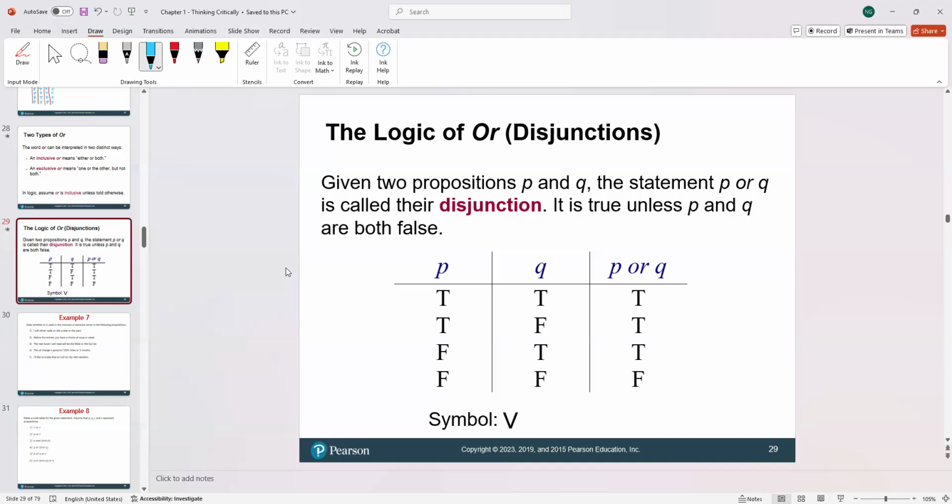If the first one is true and the second one is true, the disjunction is true. If the first one is true and the second one is false, it is still true, because you need at least one of them to be true. If Q is true but P is false, it is true. The only time it is false is when both of them are false.